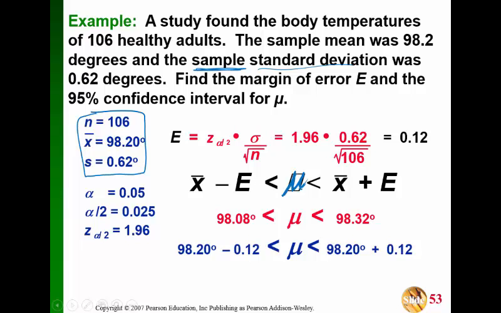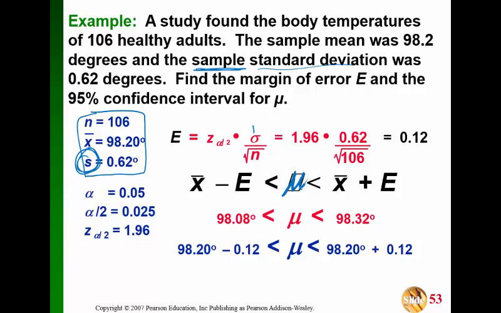One of the things about this problem is that they have the sample standard deviation. So based on what we've read so far in the problem, we don't have the population standard deviation. So already this shouldn't be the technique that we're using here.